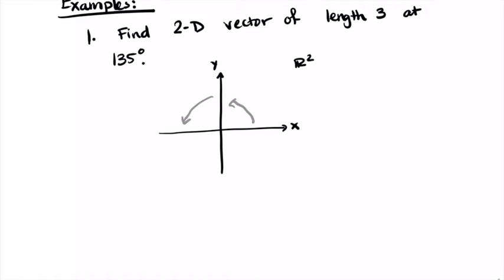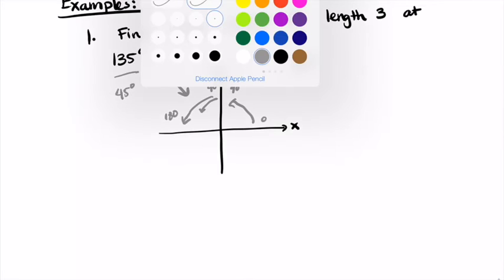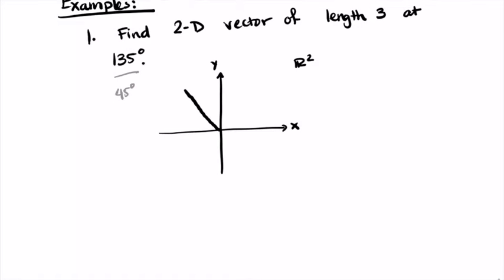So we should expect 135 to be in the second quadrant. How far is it? Well, 135 is 45 degrees from 90. So from here to here, I should have 45 degrees. Now I know enough to graph it. So I'm looking at a vector like this, where this is 45 degrees, because of course the other side is, and the length is equal to 3.